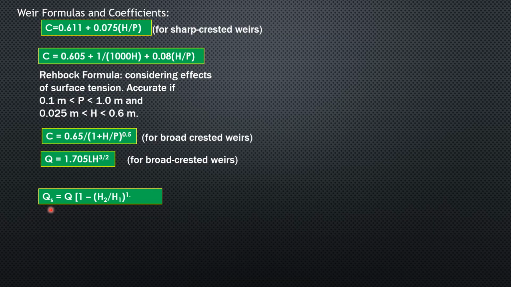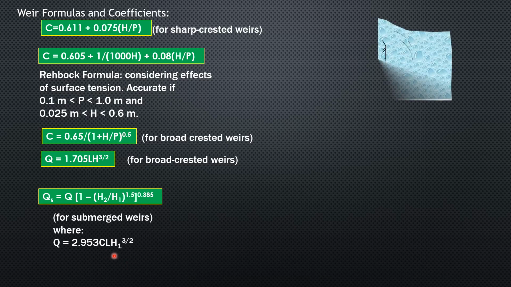So we have here discharge formulas for submerged weir. So it is equal to Q, actual discharge Q, quantity 1 minus H2 over H1 raised to 1.5, then closed raised to 0.385, where Q is 2.953 CL H1 to the 3/2, just like for rectangular weirs.